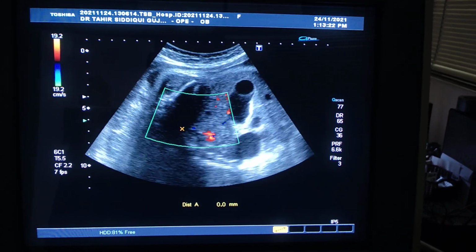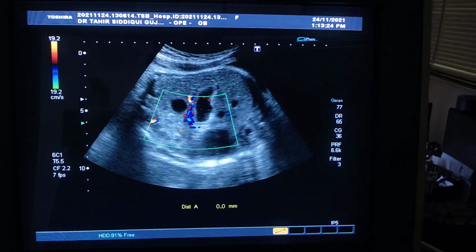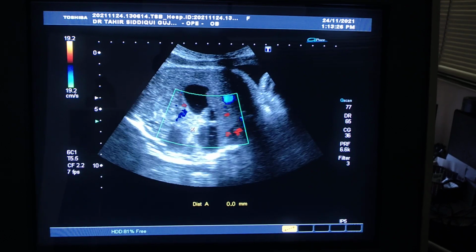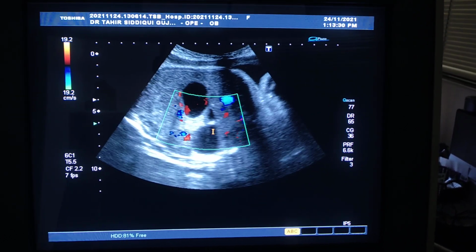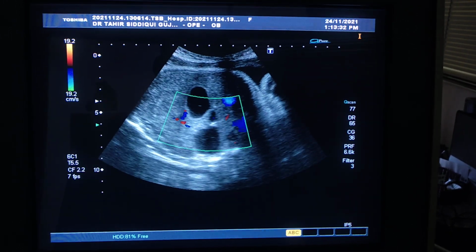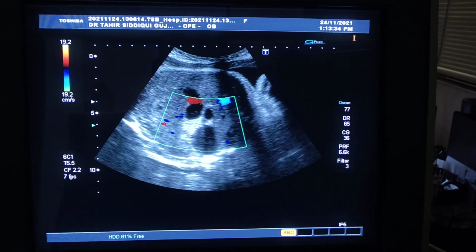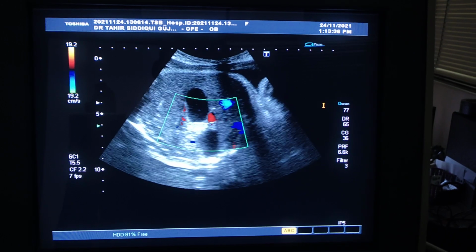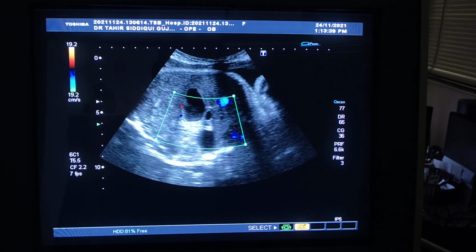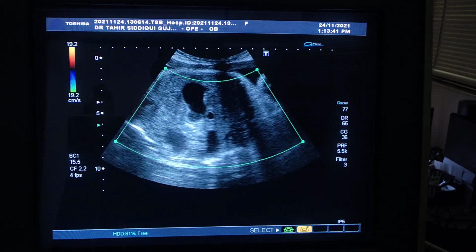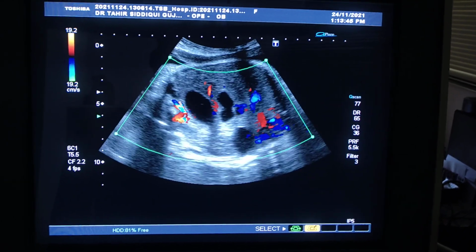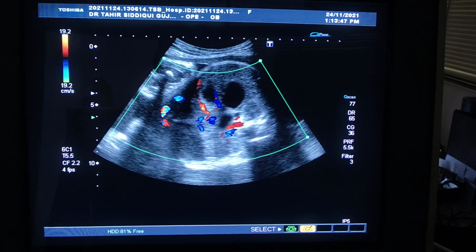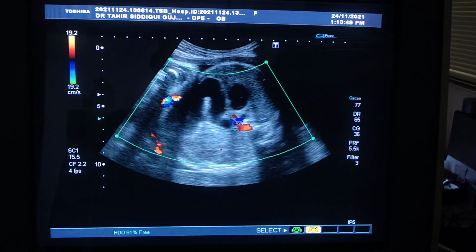We saw the kidneys are normal. This is the transverse of the abdomen.